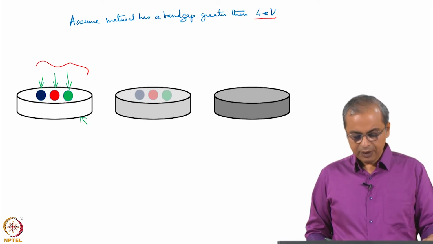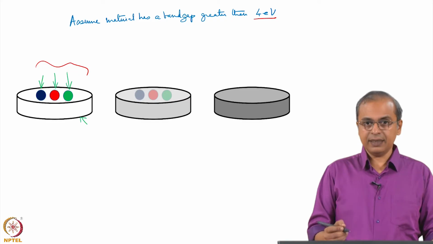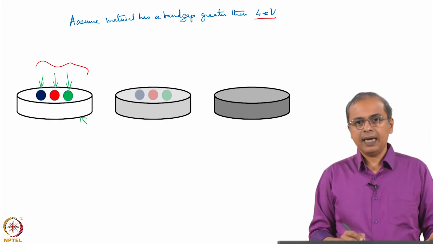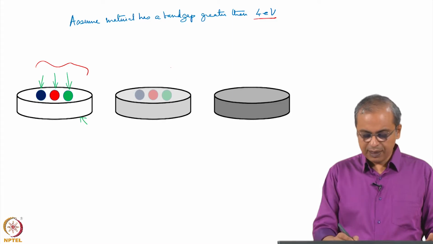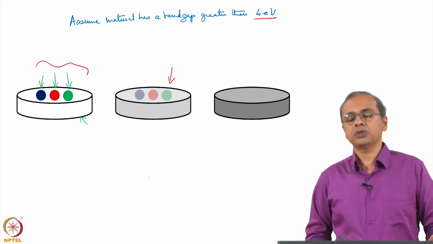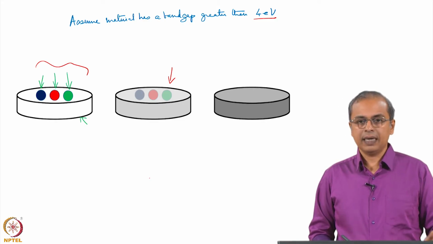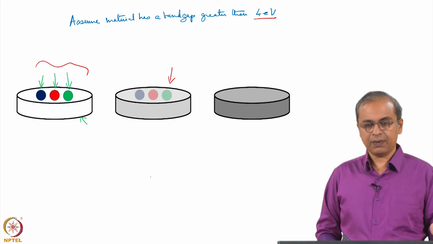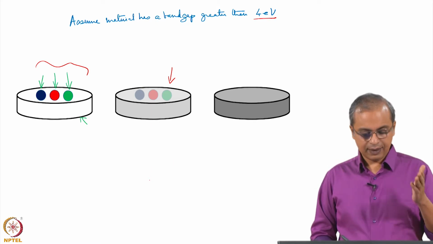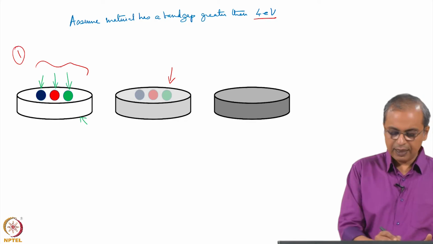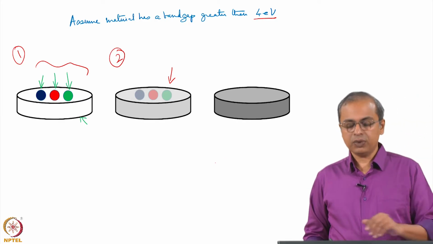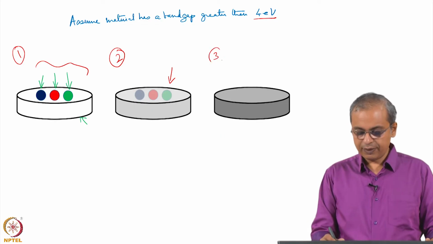At the same time, I can assert that it is possible for me to take the exact same material and do something to it which enables me to create a situation where in fact the material is translucent. So, in case 1 it is transparent, in case 2 I have it as translucent, and I can do something more to that material which makes it opaque in case 3.